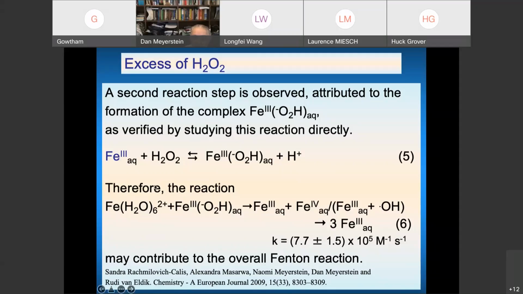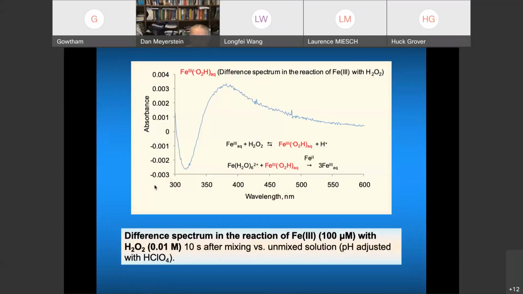And on the next slide, we have a proof for this. We mixed iron 3 with hydrogen peroxide, and you can see that an intermediate with a spectrum is formed. This is a complex of iron 3 with hydrogen peroxide, and the claim for the kinetics that iron 2 reacts with iron 3 is on the next slide.